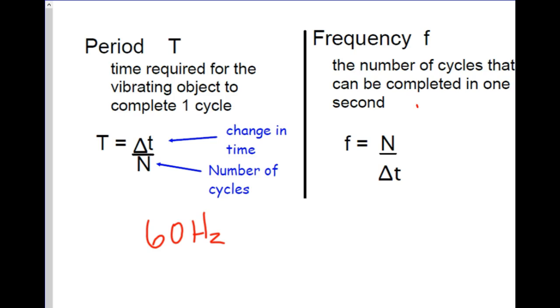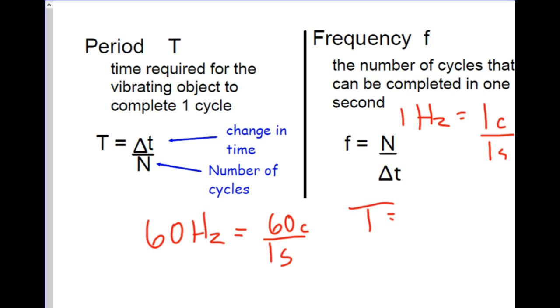Okay. 1 hertz is going to be equal to 1 cycle per 1 second. If you were told that you have a frequency of 60 hertz, that means you have 60 cycles per 1 second.